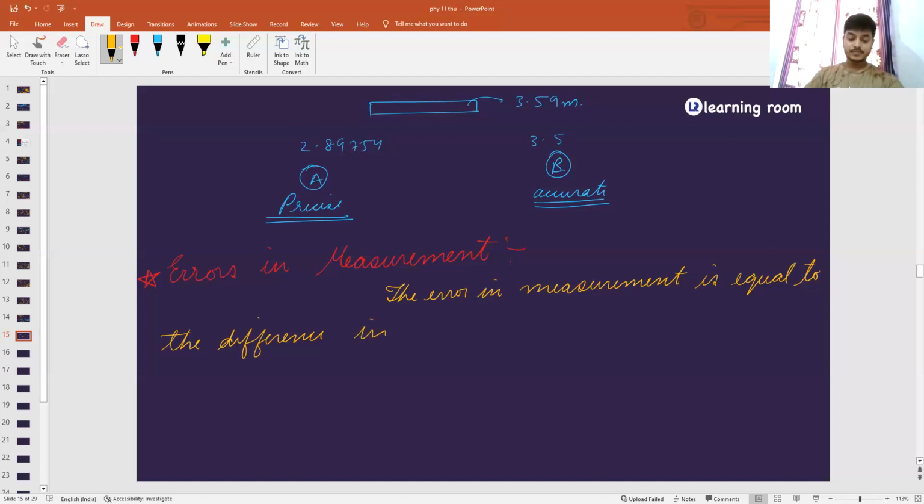Error in measurement is equal to the difference between true value and measured value. Error is the gap between the true value and the measurement. This is a very easy definition.